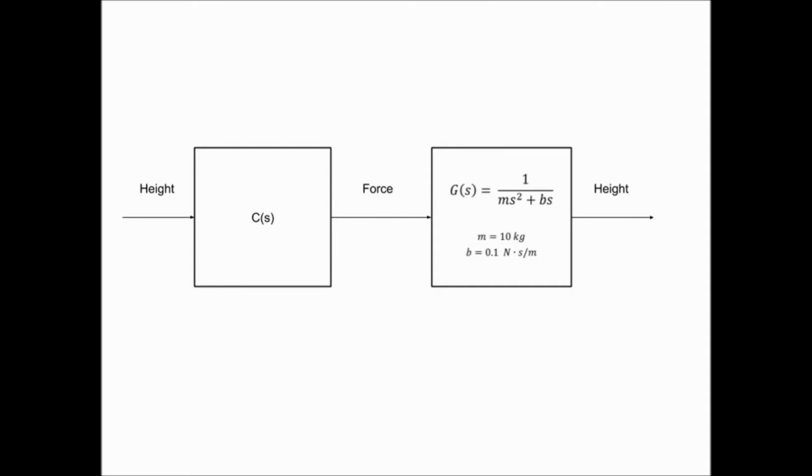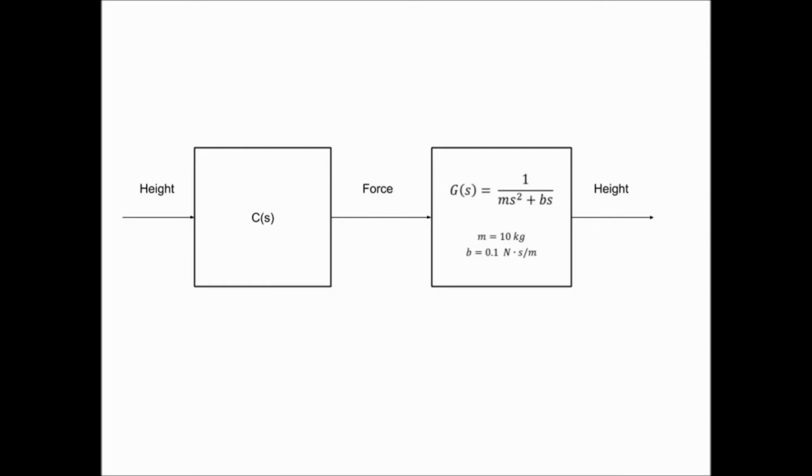For our system, we selected force as an input, and the height, or just position on the y-axis, is the output. Our system is unstable, as a unit step input results in an unbounded output approaching infinity at infinite time.